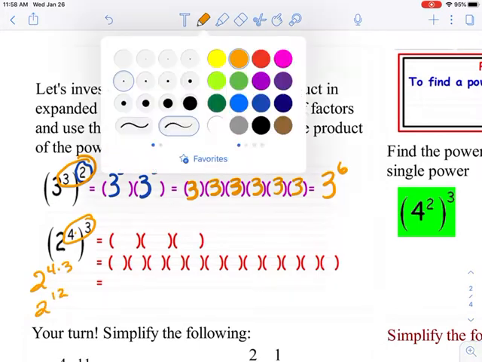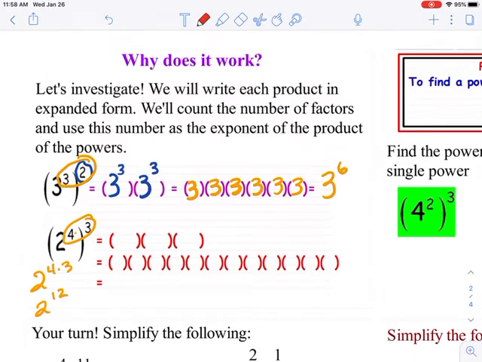So first off, I have 2 to the 4th to the third power. That means I have to take 2 to the 4th times itself 3 times. That's what it means to raise it to the third power. Well, if I break down these 2 to the 4ths, 2 to the 4th means 2 times itself 4 times. So here's the first 2 to the 4th, 4 twos.